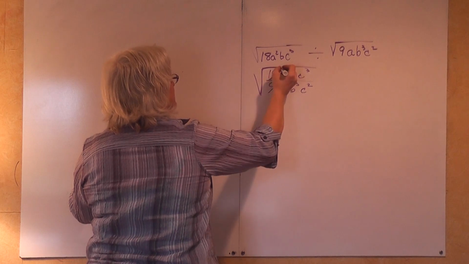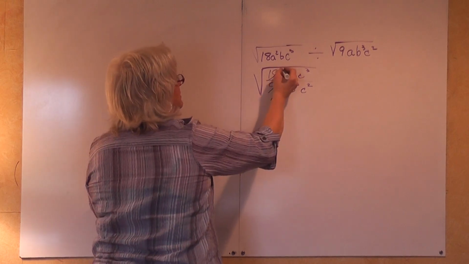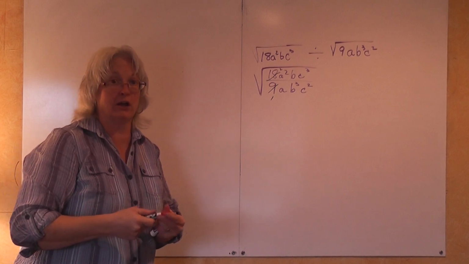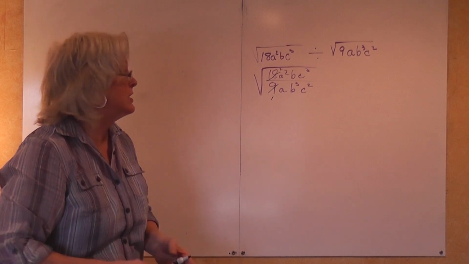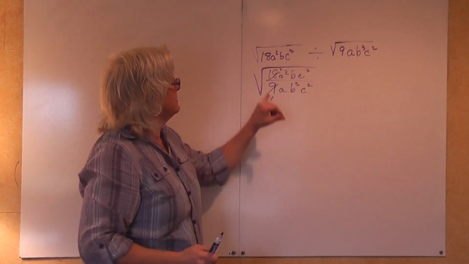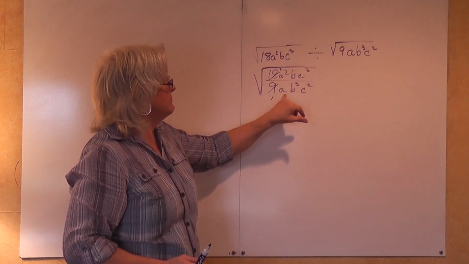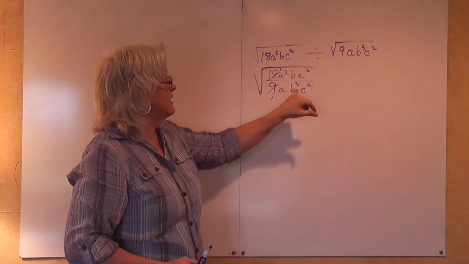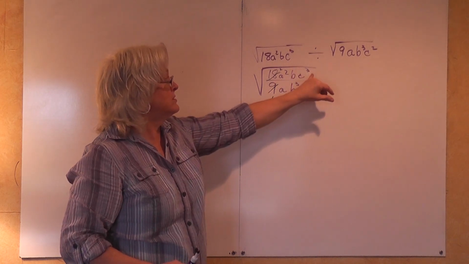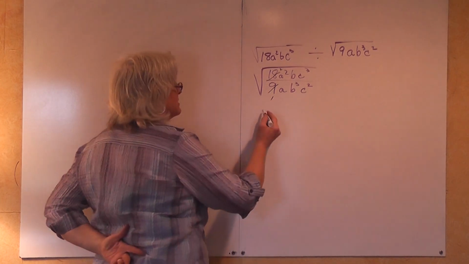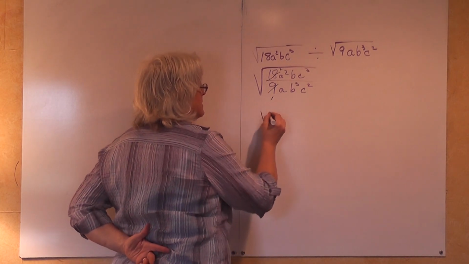We've got a 1 and a 2 left. I'm not going to put all these little slash marks in there. It makes my mind crazy. If you want to see the slash marks, you can look in your book. 18 and 9 divide. I'm going to have a squared divided by a, b divided by b cubed, c cubed divided by c squared.